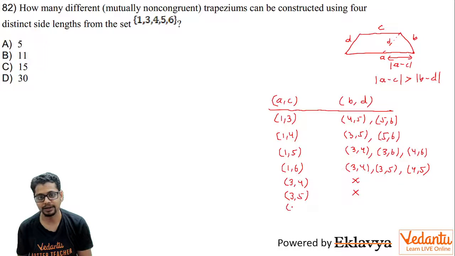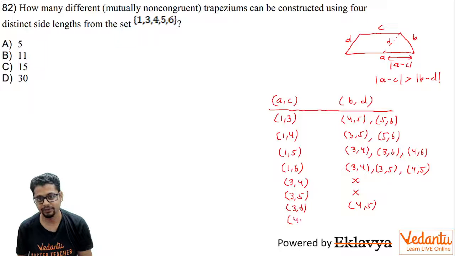If you take 3 comma 6, the difference is 3, so the difference between B and D should be less than 3, so it can be 2 or 1. Here 4 comma 5 is the only possibility, because 1 comma 4 would have difference 3, which is the same as the difference of 3 and 6, and 1 comma 5 has a difference more than that of 3 and 6.